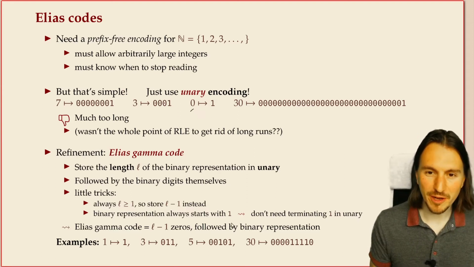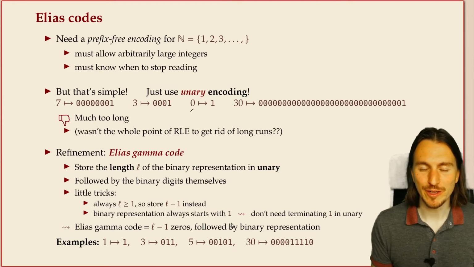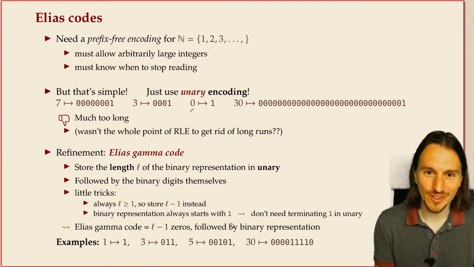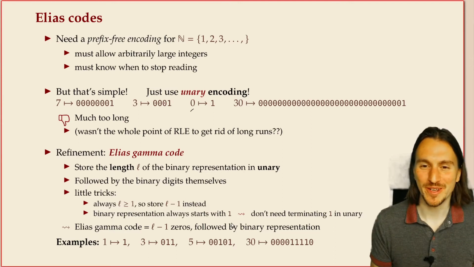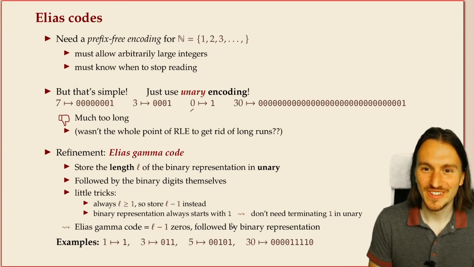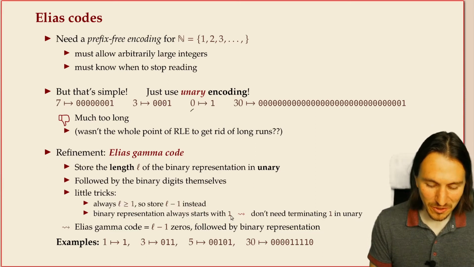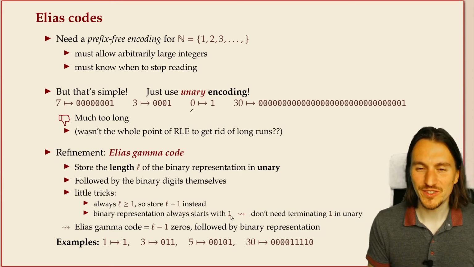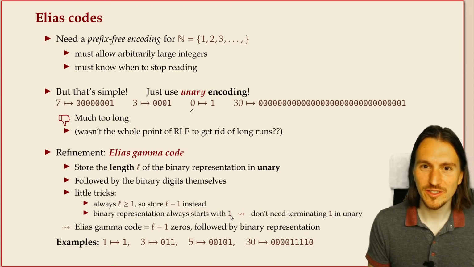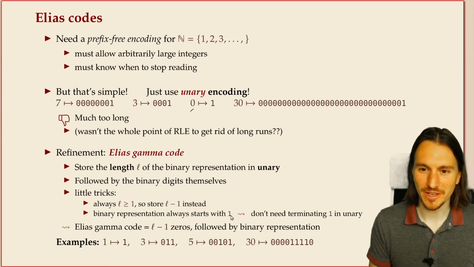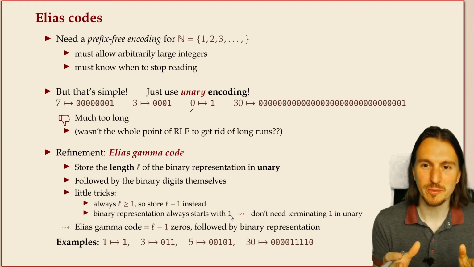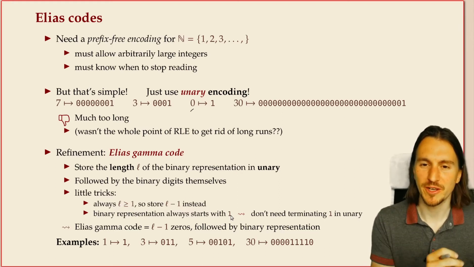And also the binary representation of any number, if you leave out all leading zeros, necessarily starts with a 1 by definition. Otherwise, you wouldn't have taken all the leading zeros away. So there's no need to store that 1. We can start 1 later. Okay? But that's just minor twists to the core idea, which is store the length of the binary encoding in unary and append the binary encoding.